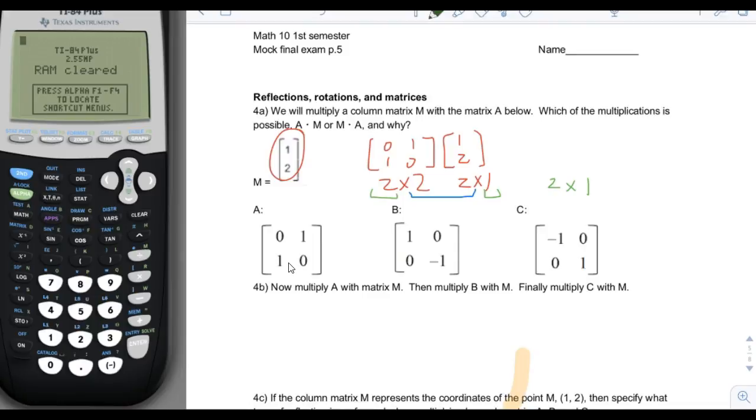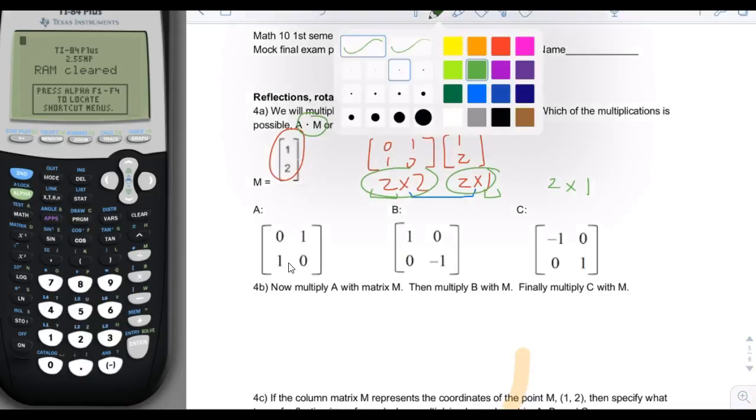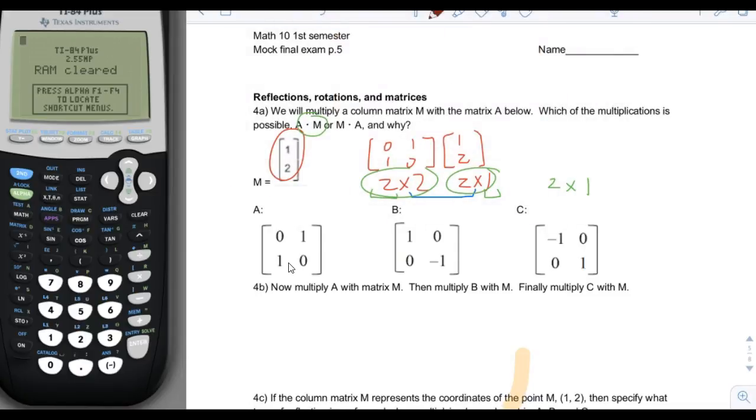So which one is possible? A times M or M times A? What is possible is A times M. If you put the square matrix on the left and the column matrix on the right, then you can multiply them. See what happens if you reverse them. If you put the column matrix first and the square matrix second, the middle two numbers no longer match.